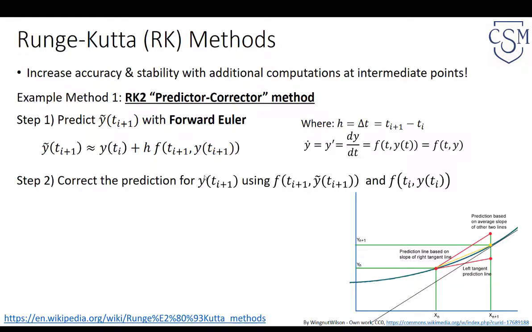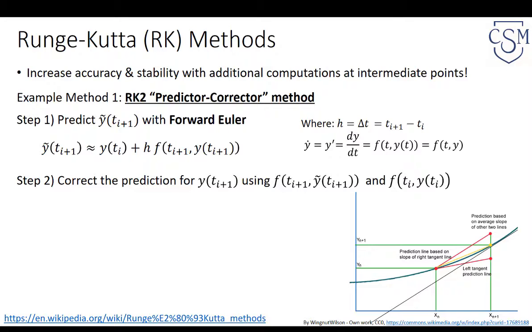In our second step, and this is why this is called RK2, Runge-Kutta 2, we correct our prediction for y of ti plus 1 using this differential equation evaluated at ti plus 1 and our predicted value of y at ti plus 1.